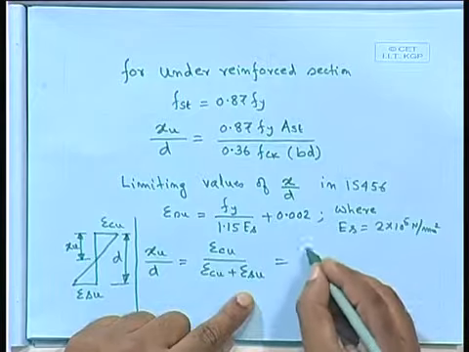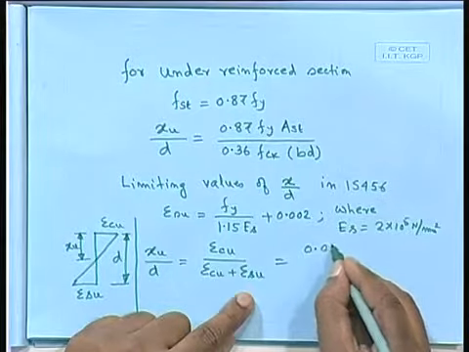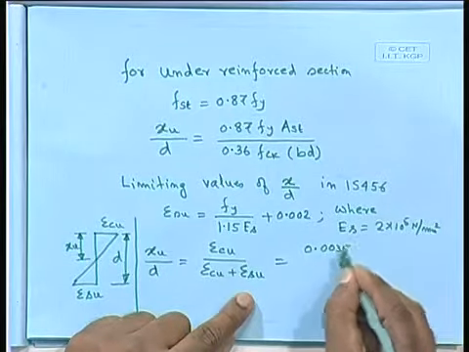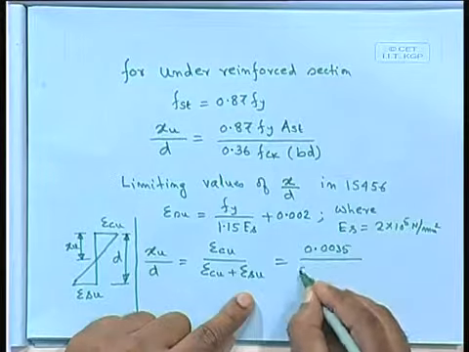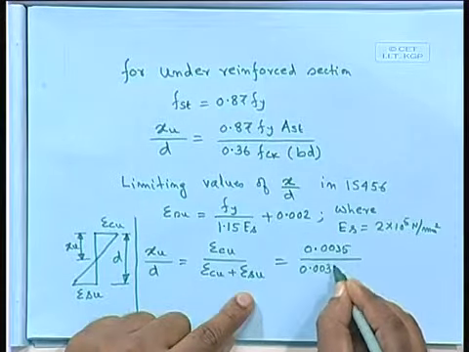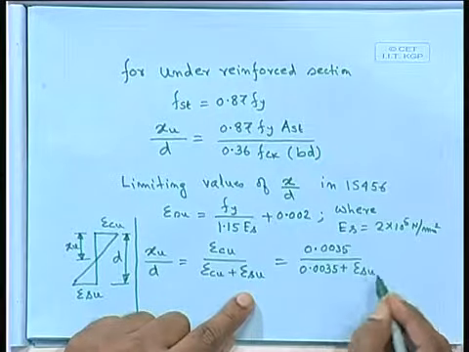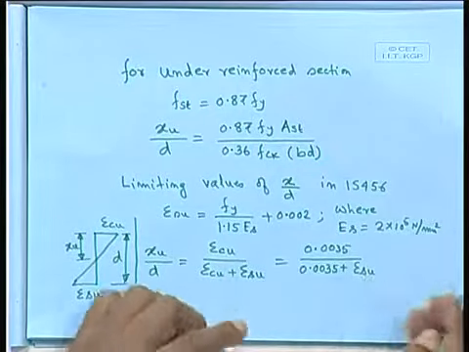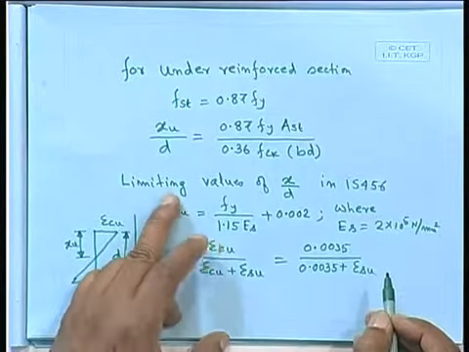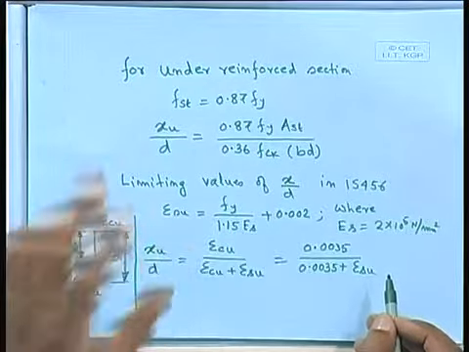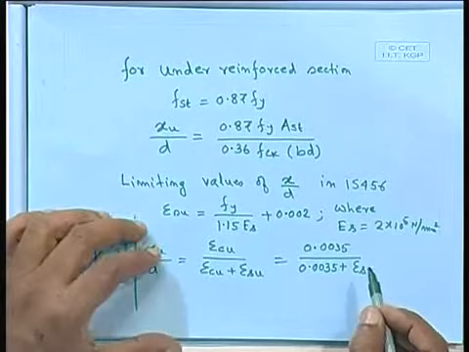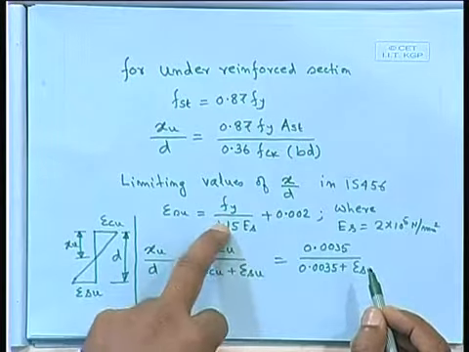Epsilon cu we know, which is nothing but 0.0035, divided by 0.0035 plus epsilon su. Epsilon su is different for different grades of steel, which is given in IS 456, and we can get it using this formula.